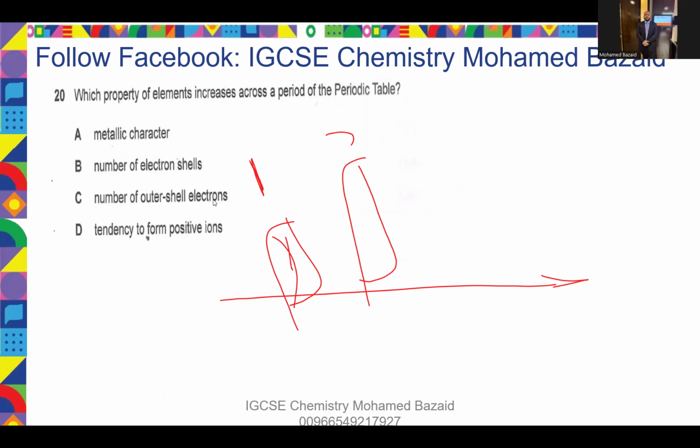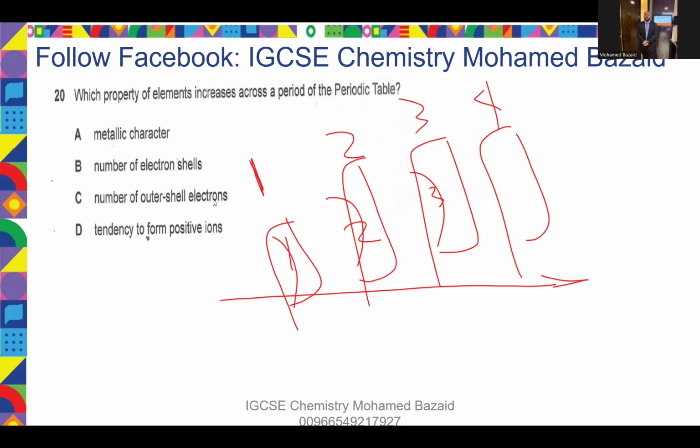In group number 2, in the outer shell you have 2 electrons. In group number 3, 3 electrons. In group number 4, 4 electrons. So the number of outer shell electrons increases. So this is true. Letter C is correct.